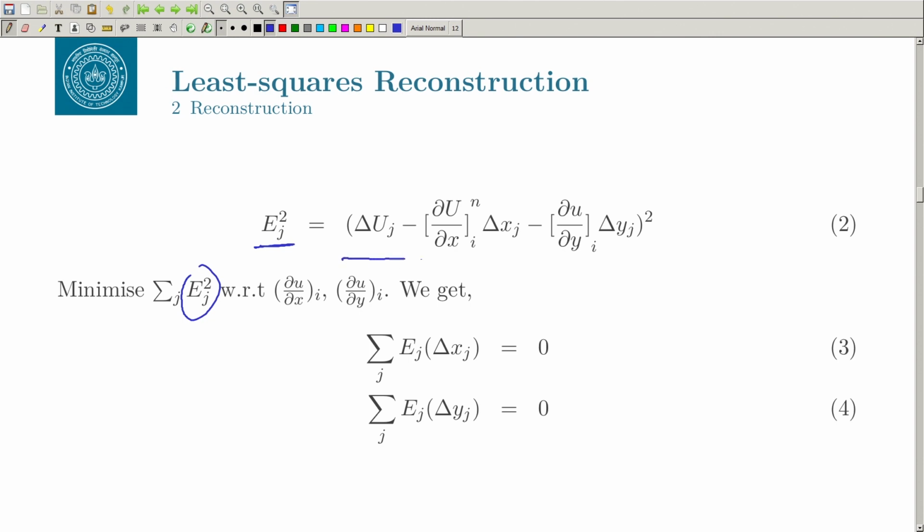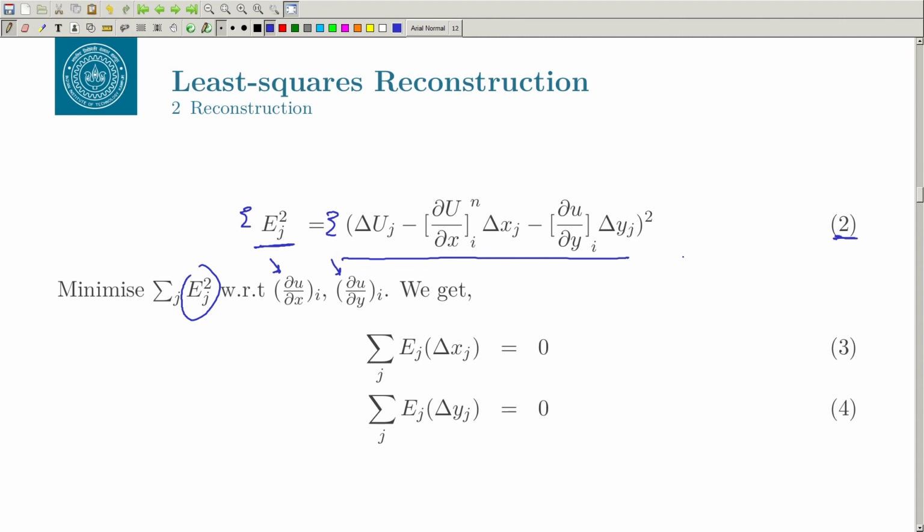Take the square of those values. Now, what is your target? You want to get del u by del x at i and del u by del y at i. So, take the summation of all these things, and then differentiate this equation with respect to these two variables.